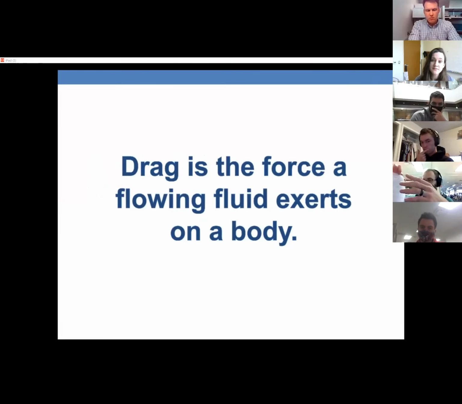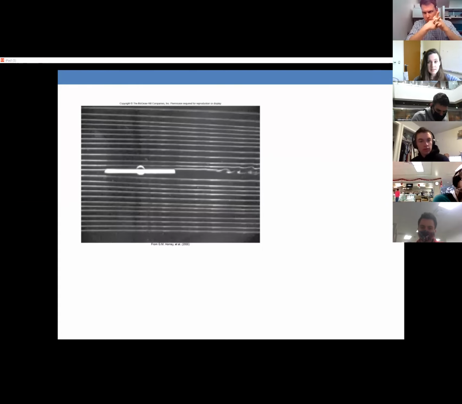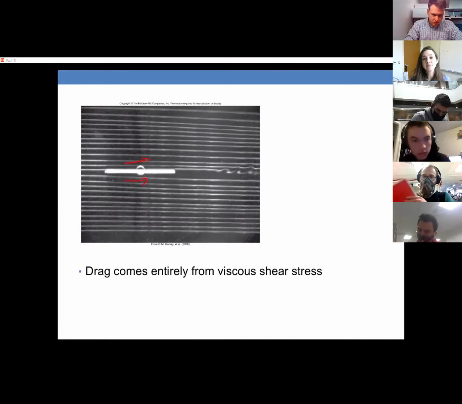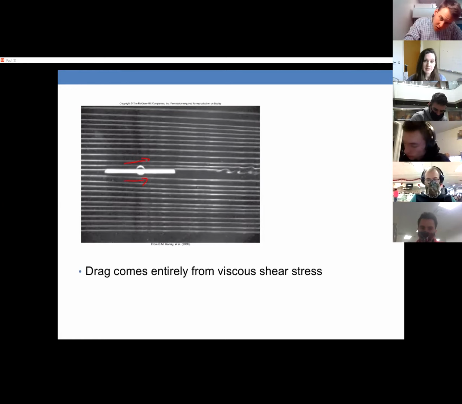Okay, so drag is the force a flowing fluid exerts on a body, on an object. Here we have parallel flow over a flat plate. And in this case, drag comes entirely from viscous shear stress. We've talked about that before when we talked about viscosity, and we had the two plates, and one of the plates was moving and the other one was flat.